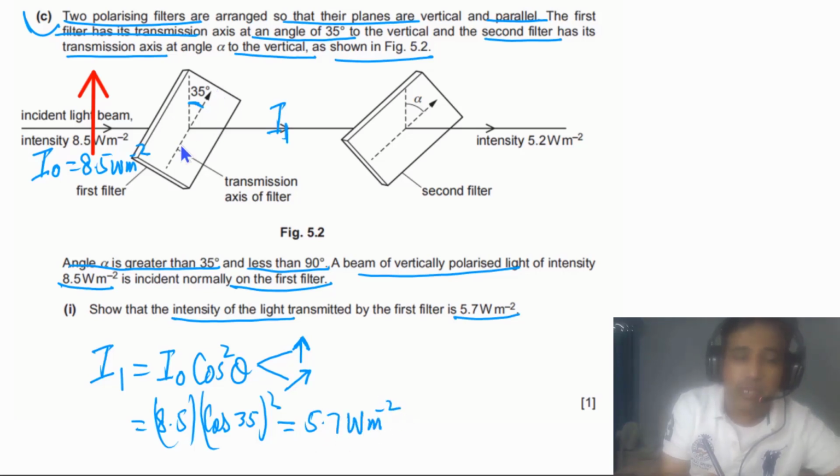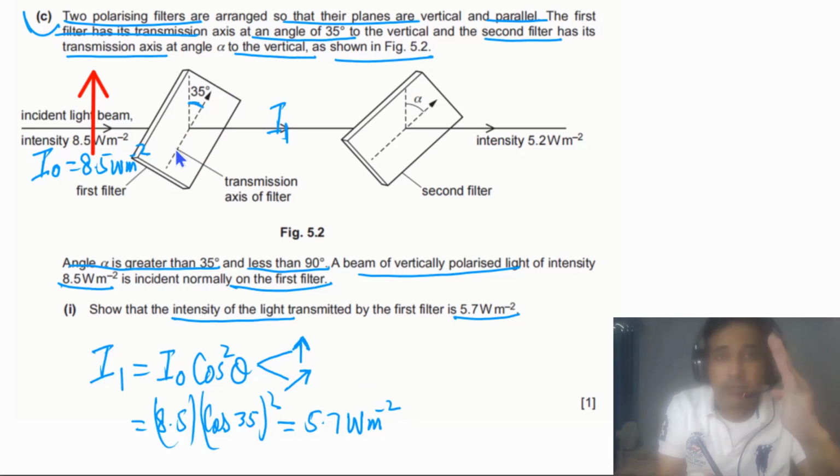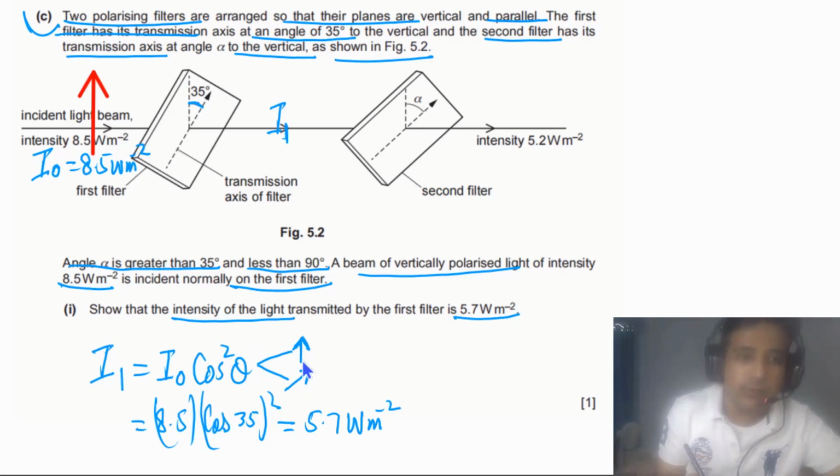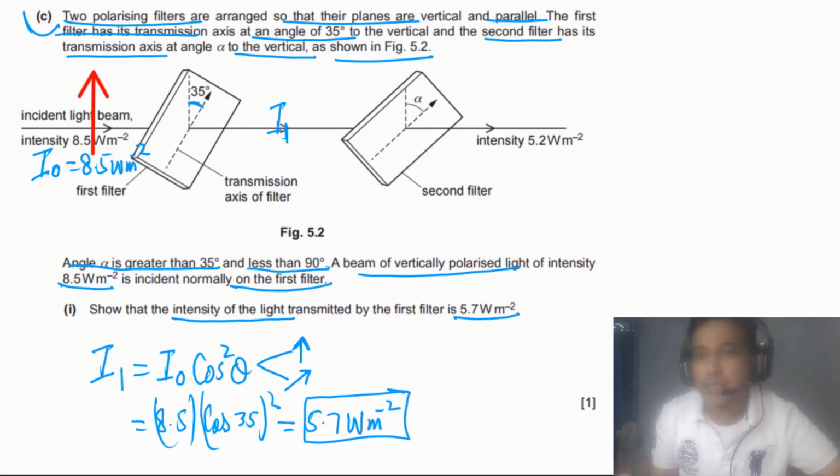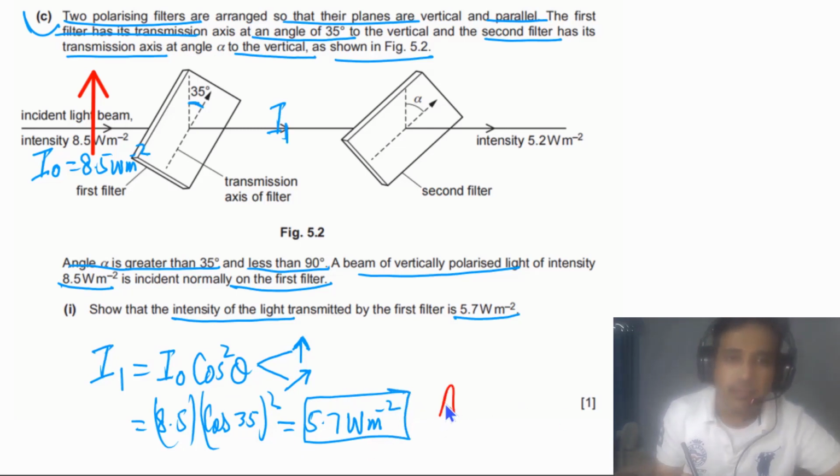So this angle you have to take between the transmission axis of the first filter and the vertically polarized light. This one is our transmission axis, and the light is vertically polarized. So we take the angle between these two, then take cosine square of that angle, and we can find our final answer. This is our final answer, and this question has only 1 mark.